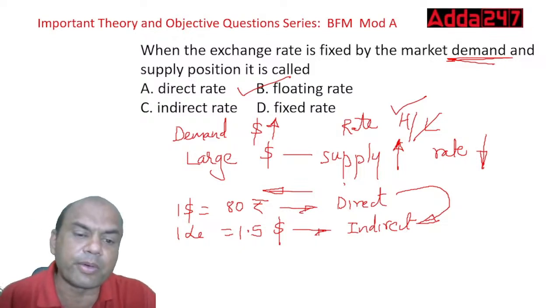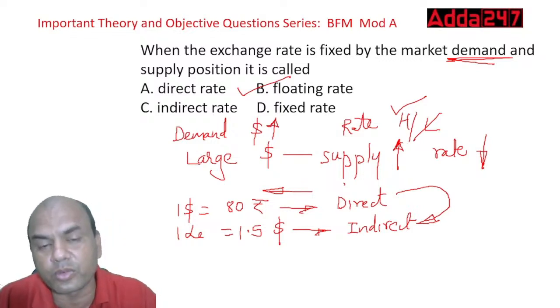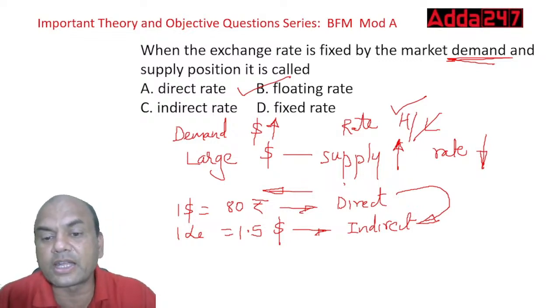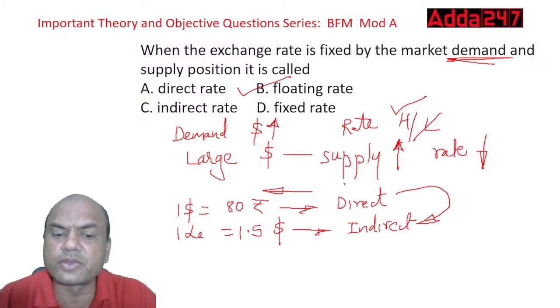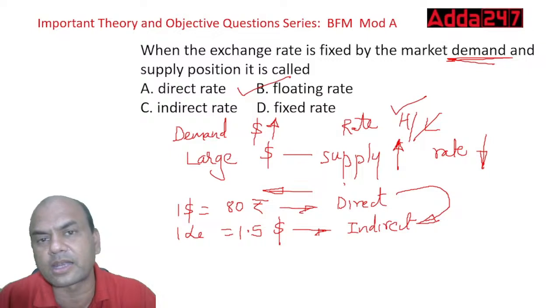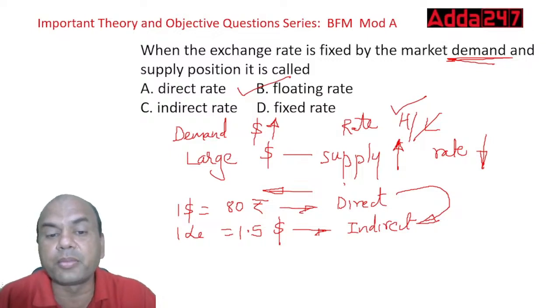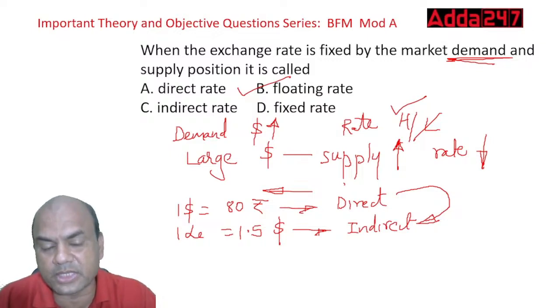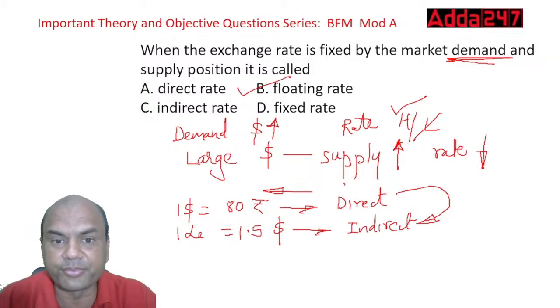Because if the pound is not growing, if the country is not growing, will this indirect rate remain? No. US will say no, forget this. Make this pound also in the direct rate. And in coming years, if we grow with such a speed, there will be a time when our direct rate will be converted to indirect rate.